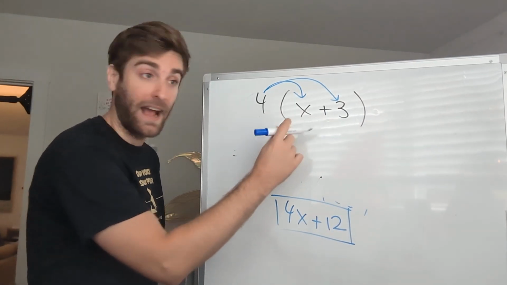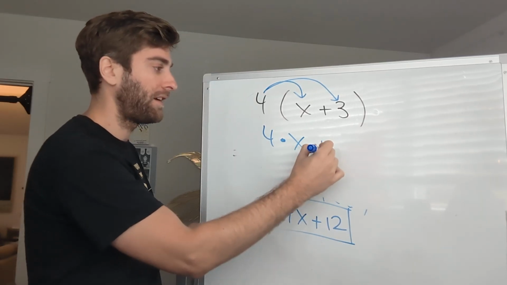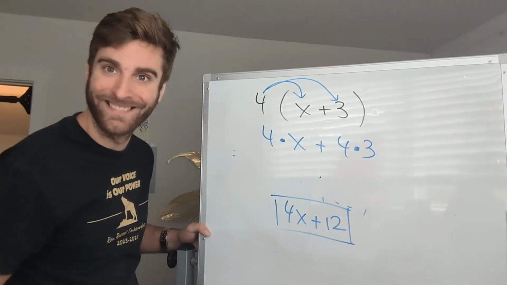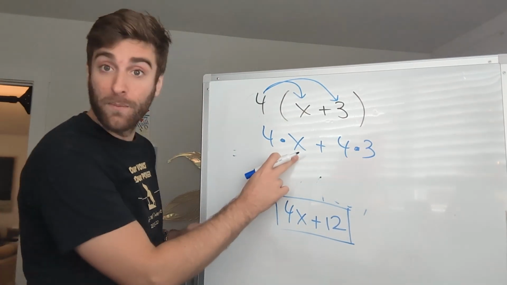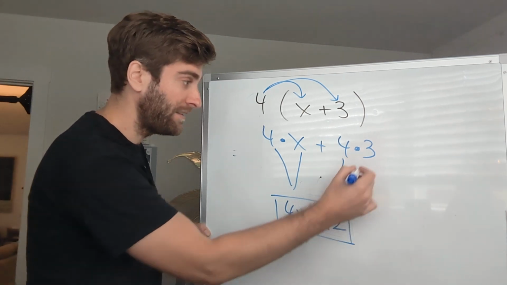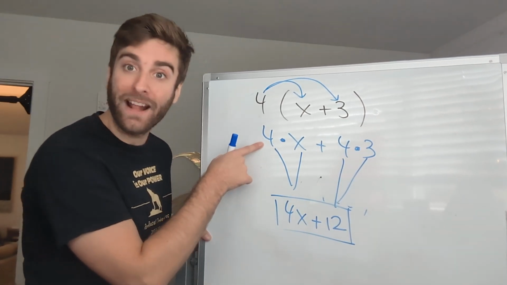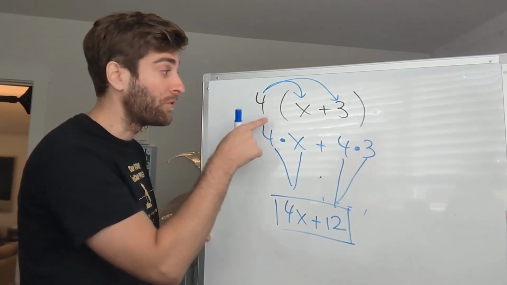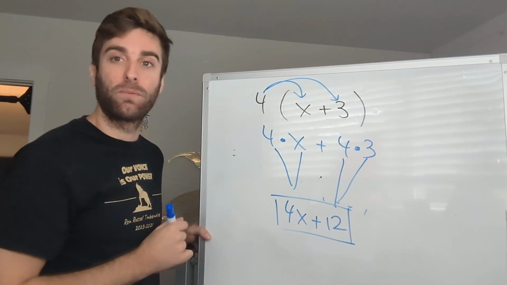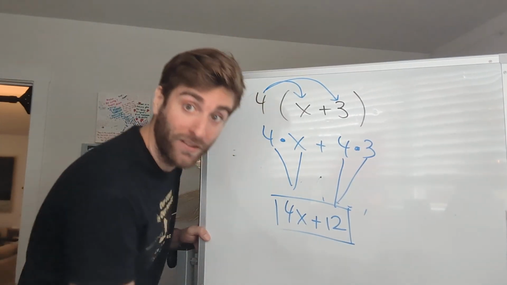So there's 4 x's, 4 times x, plus 4 times 3. There we go. 4 times x is 4x. 4 times 3 is 12. So that's all you have to do. That's the step to distribute. Put this 4 in front of both terms inside the parentheses. There you go.